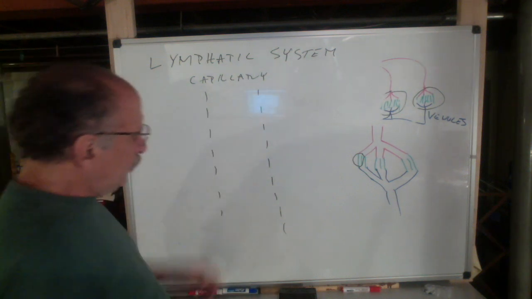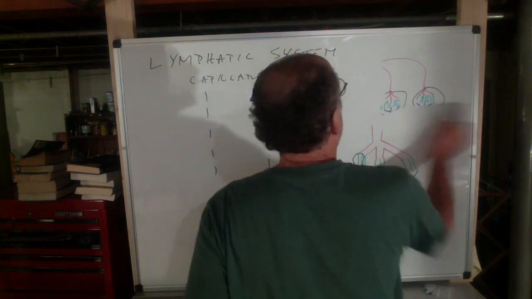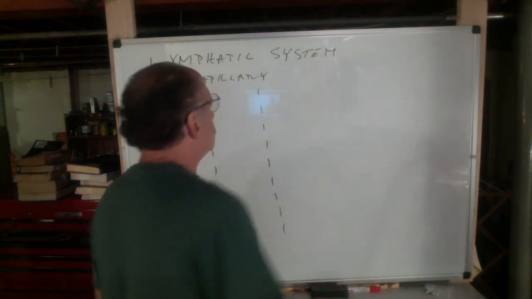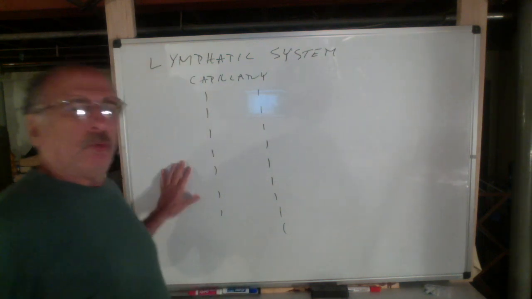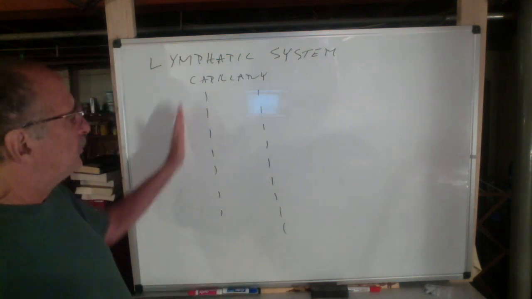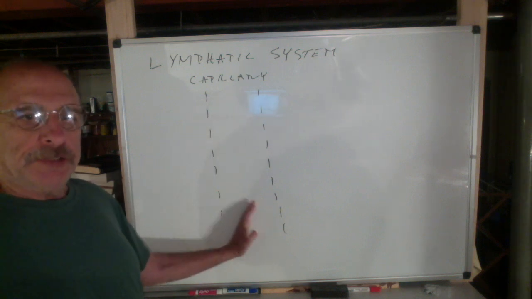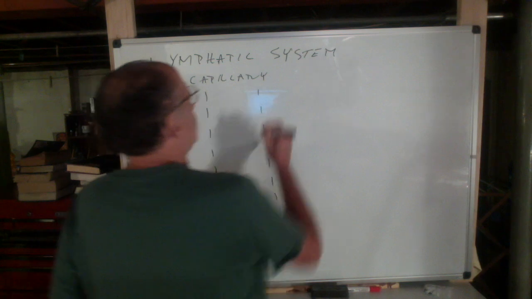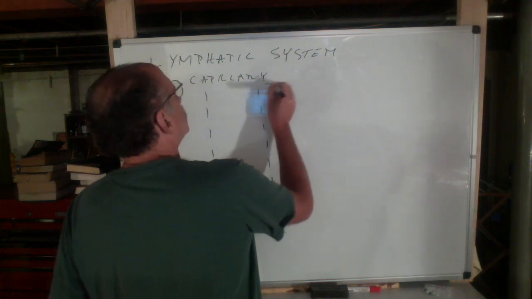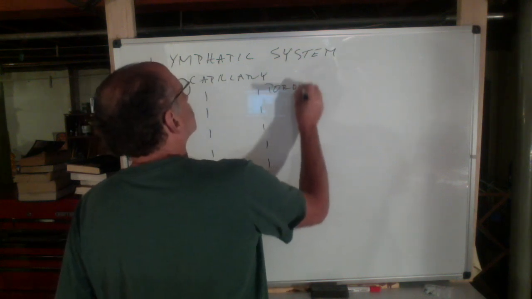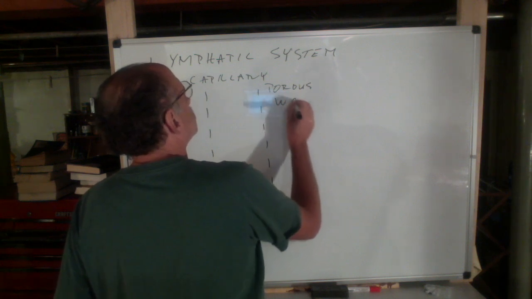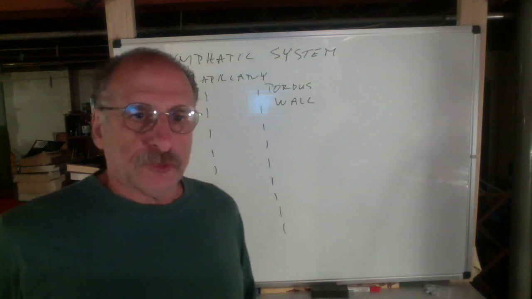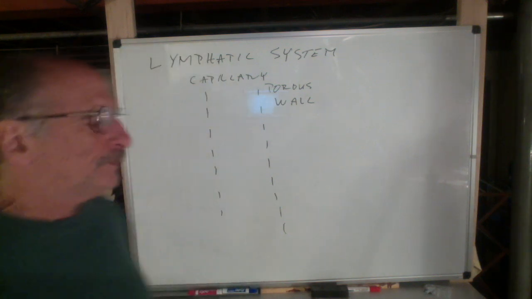It's a tube. I drew the wall of the capillary as dashed lines instead of solid lines to indicate that it's a pore. The capillary has a porous wall, meaning pores, which are small holes.